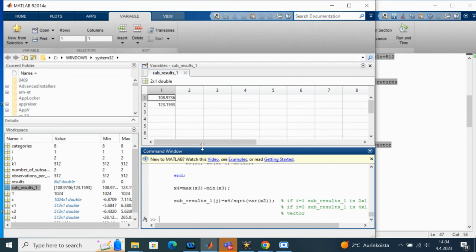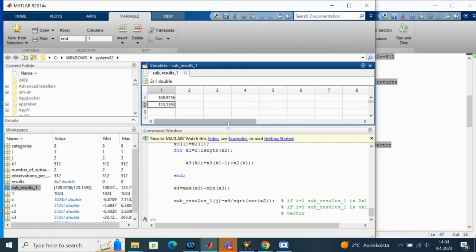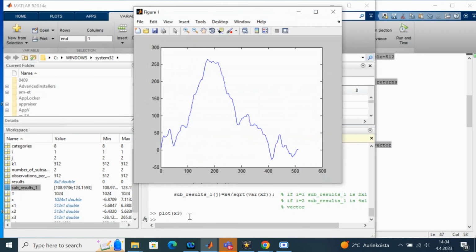And now you see we have stored also the second result for the RS statistic. We can also plot the cumulative return path for the second part. You see here, this is for the observations 513 until 1024.